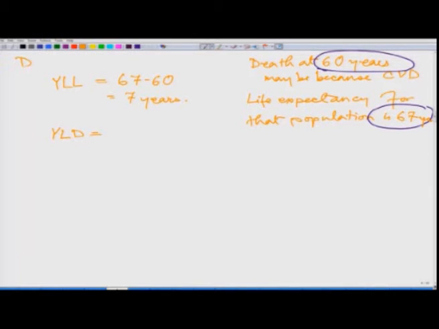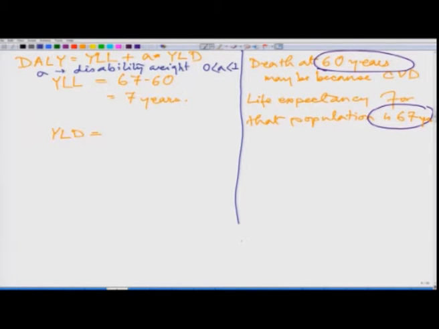So DALY is YLL plus A into YLD, where A is my disability weight, and it varies from 0 to 1.